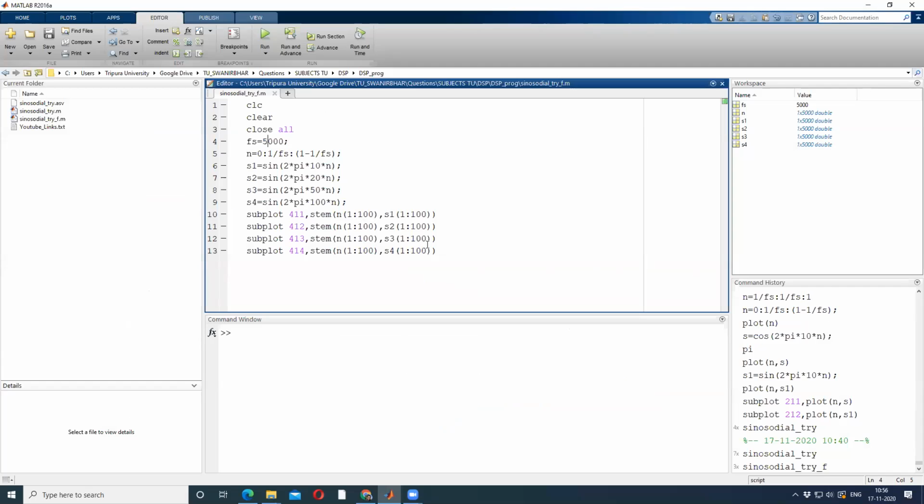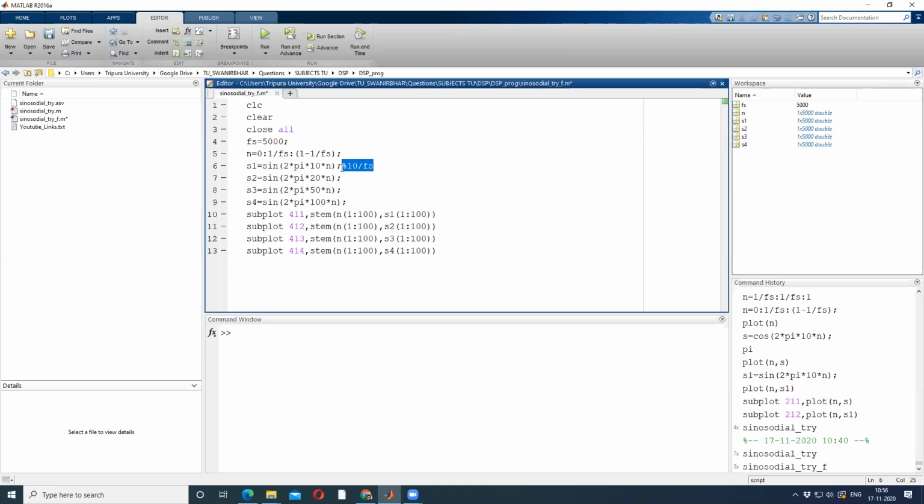But what you can see here is that this is totally based on the ratios, and there is a particular ratio between the sampling frequency and the frequency that is being used. So what we have here is, if I put a percentage, 10 by fs.